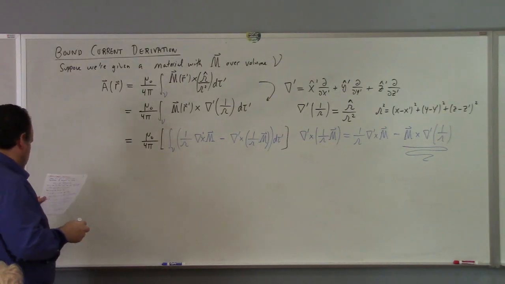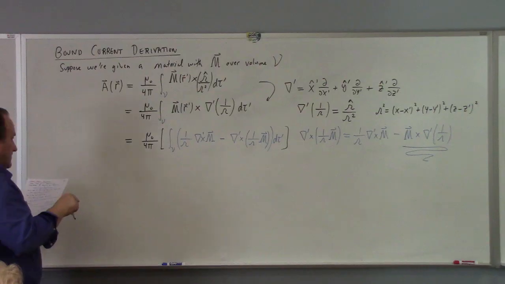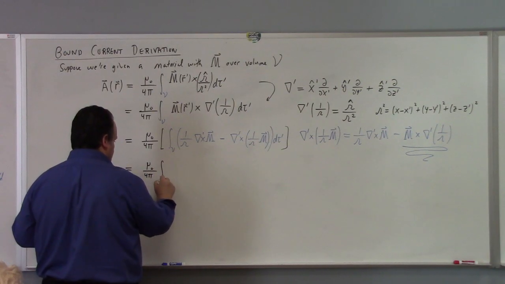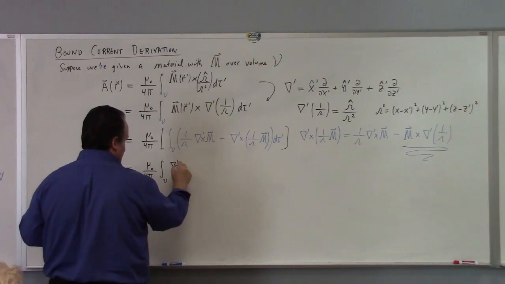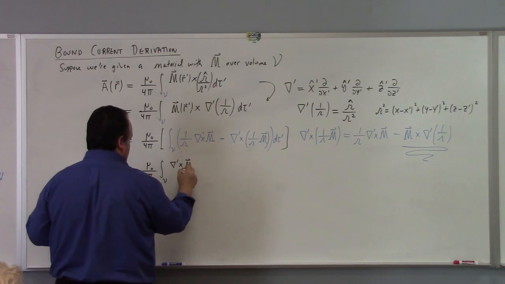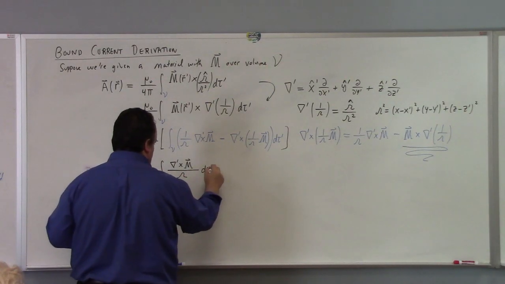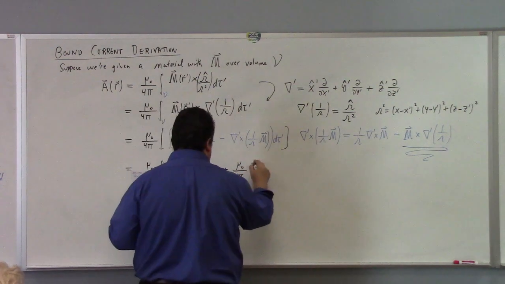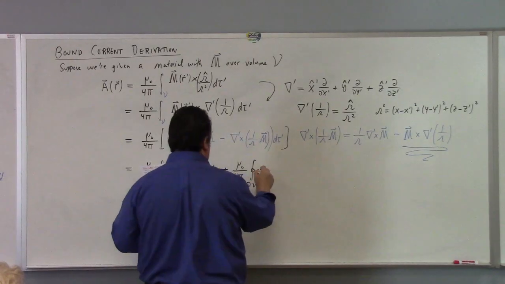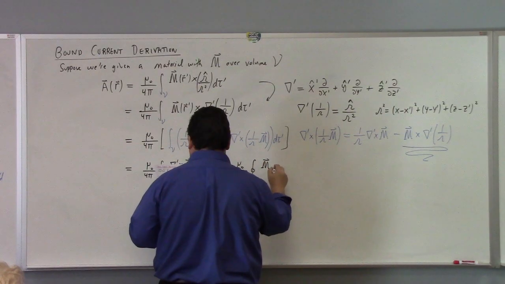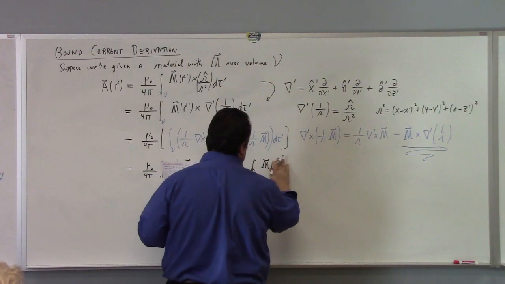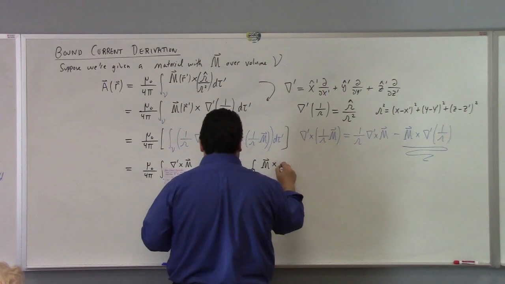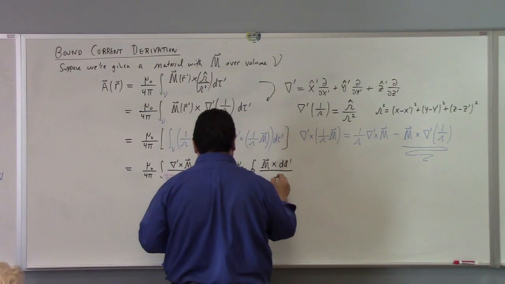Let me double check on my, yeah. So that we can then rewrite as mu naught over 4 pi, the integral over the volume of del prime cross M, divided by script r, d tau prime, plus mu naught over 4 pi, the integral over the boundary of the volume of M of r prime cross dA prime divided by script r.